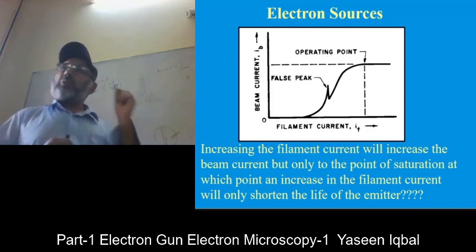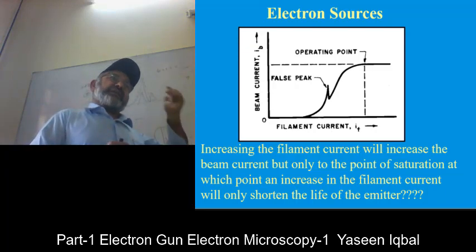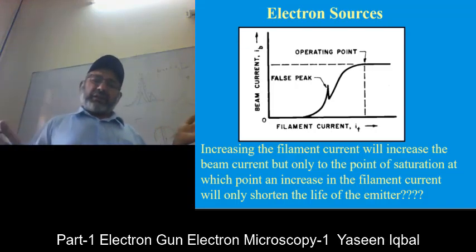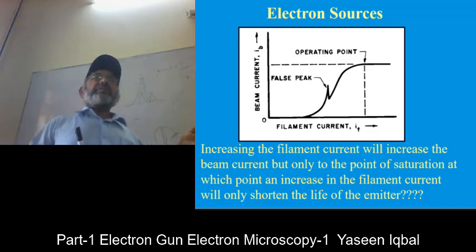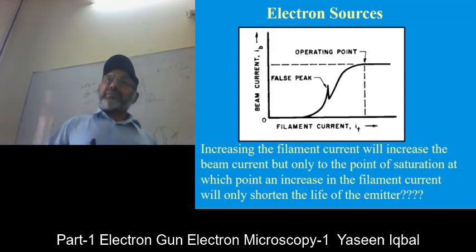It is very narrow, very thin, and when you heat it to high temperatures frequently, obviously it will be damaged. And the price, I will show you at the end, they are expensive, although they are nominal in comparison to the price of the microscope.